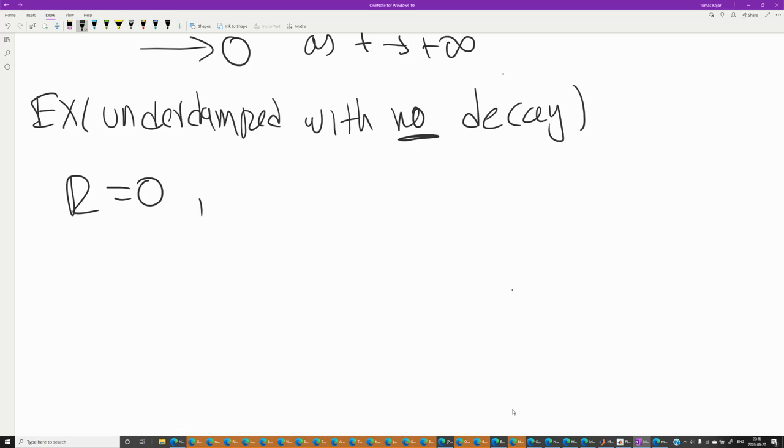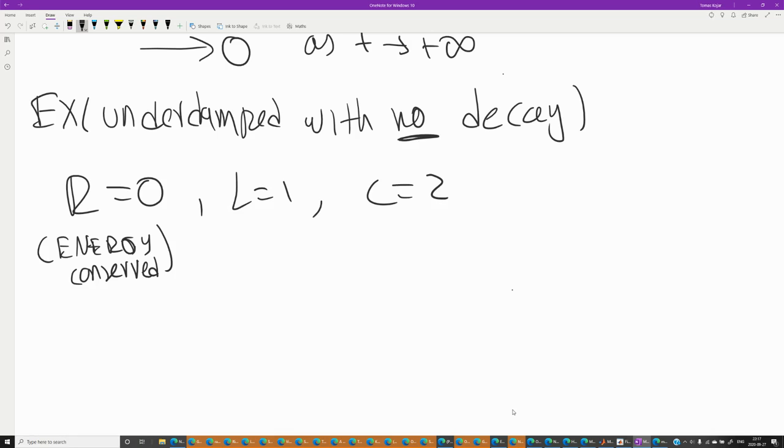So you can expect periodic behavior when there's no resistance because energy is conserved. And L is 1, C is 2.